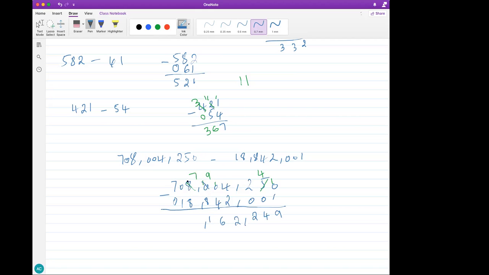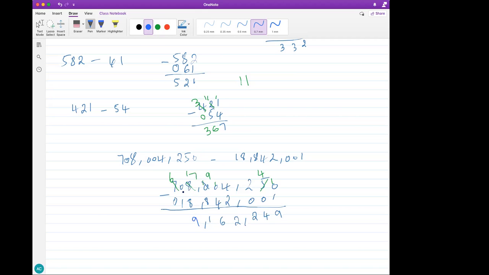And what is the next problem here? We have 8 no longer there. We have 7 take away 8. We can't. So again, we're going to borrow from 7. 7 turns into 6. The one we borrow, put it next to the 7, turns into 17. What is 17 take away 8? It becomes 9. Exactly.